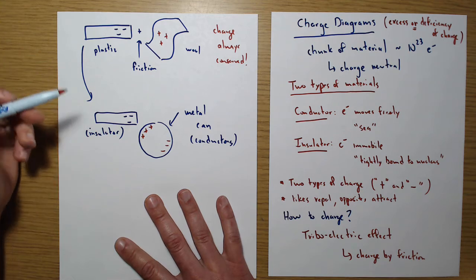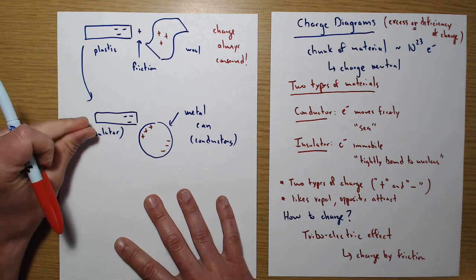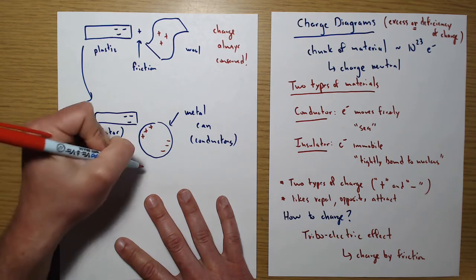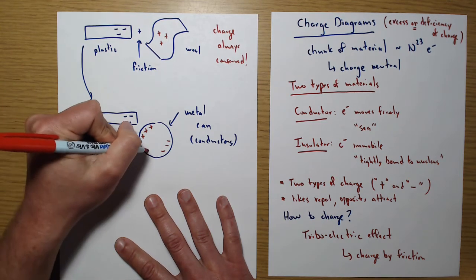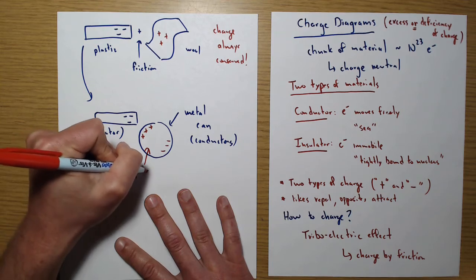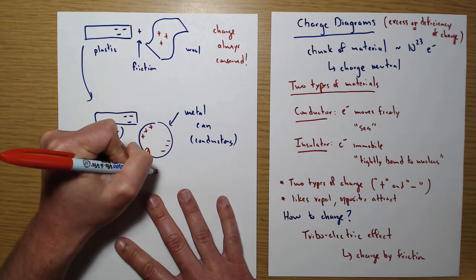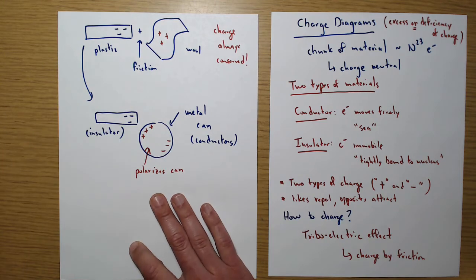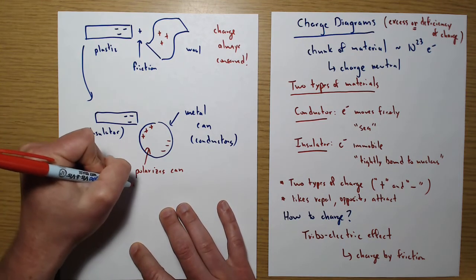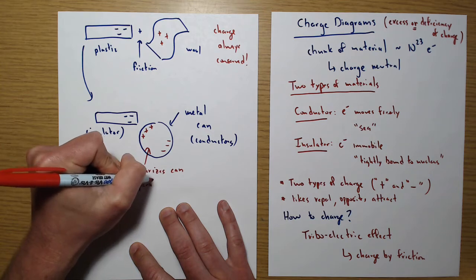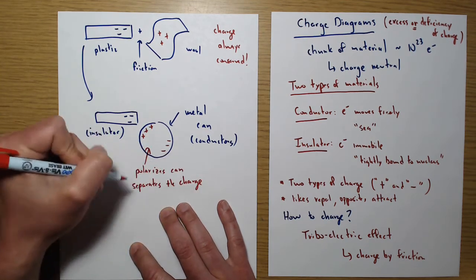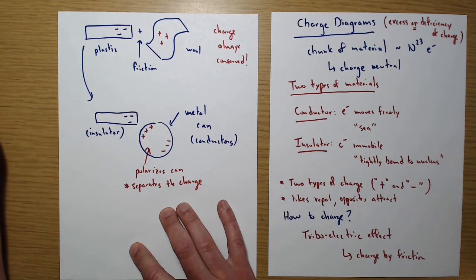So what I could do here is this plastic rod actually polarizes the metal can. And all this means is that it separates the charge. That's all that's meant by polarization.